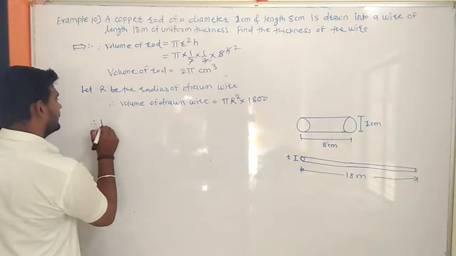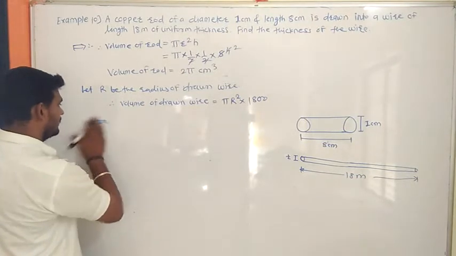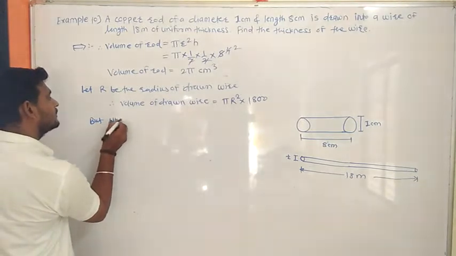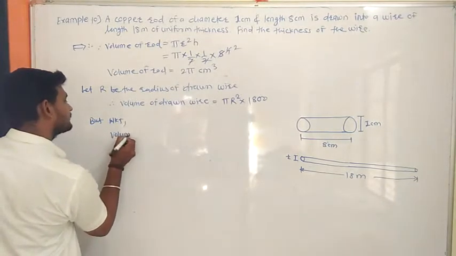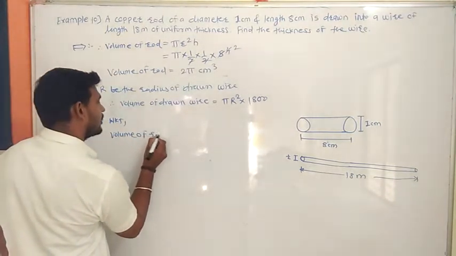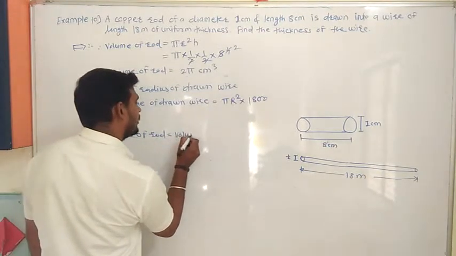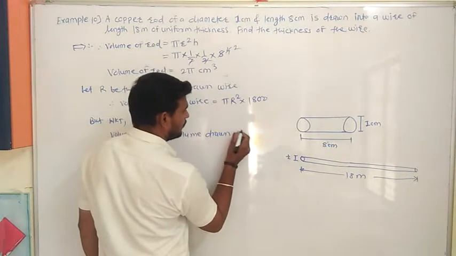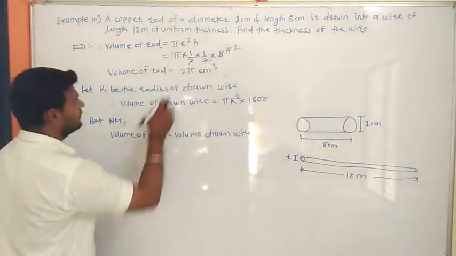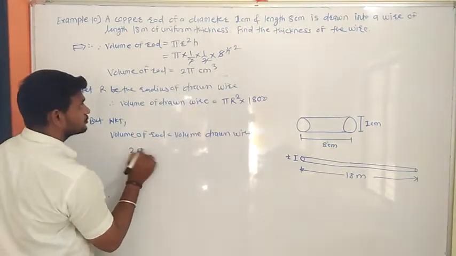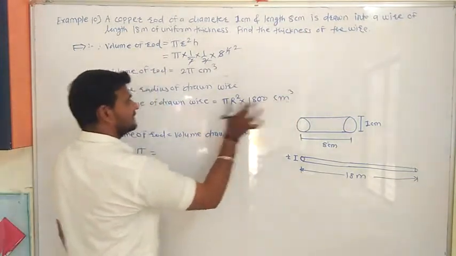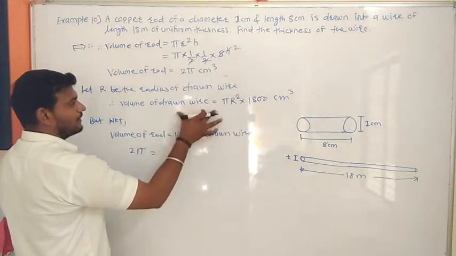This 18 meter is also equal to 1800 centimeter. Okay. Therefore, we know that volume of a rod is equal to volume of drawn wire. Put all the values here. What is the volume of a rod? It is 2 pi centimeter cube, which is equal to the volume of a drawn wire.